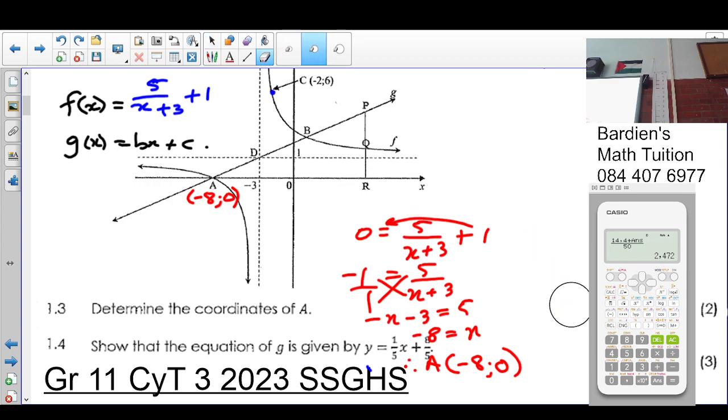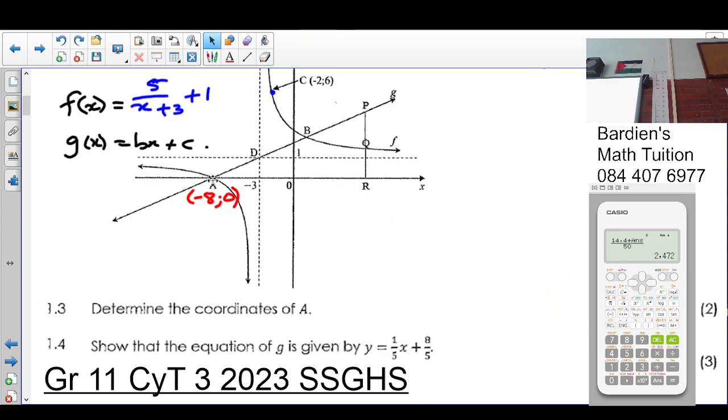Let's go to the next question. Show that the equation of g is given by y is equal to 1 over 5 x plus 8 over 5. Now, to calculate the equation of the straight line, I need at least 2 points that this line passes through.